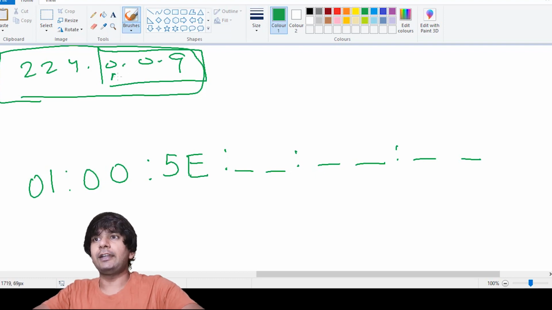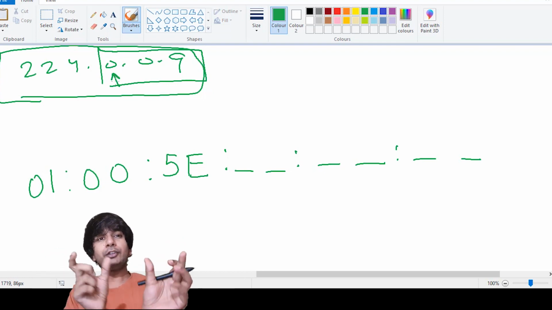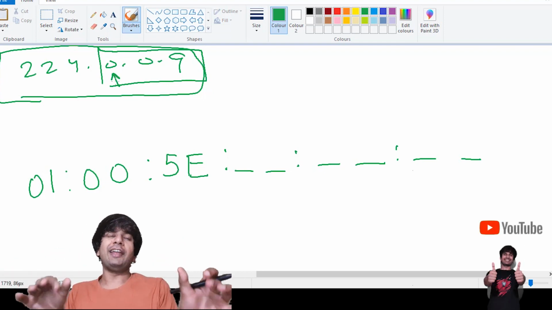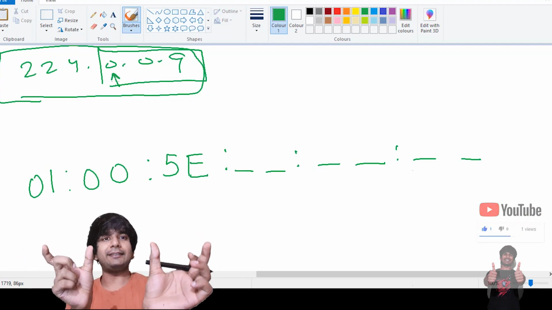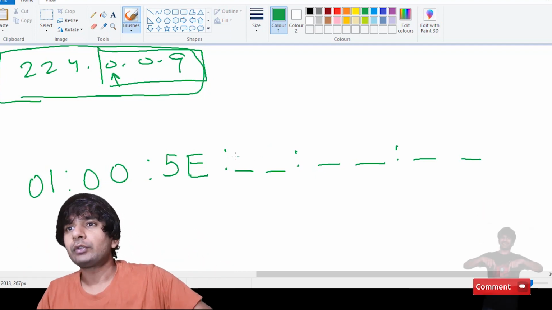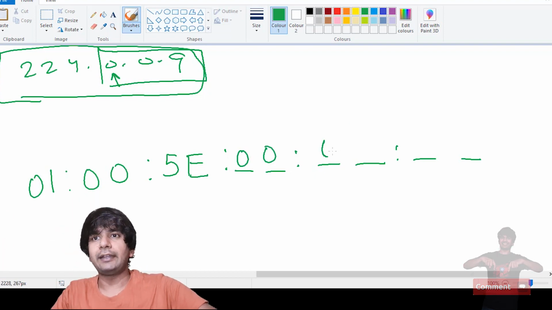In the second octet it is 0, so you will have 8 bits, all 0. Convert into hexadecimal and you get 00. The third octet is again 0, so you get 00.